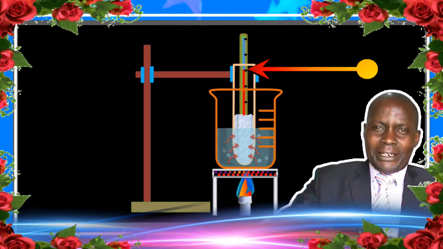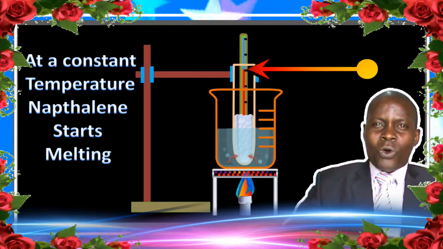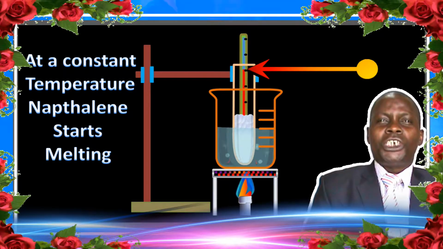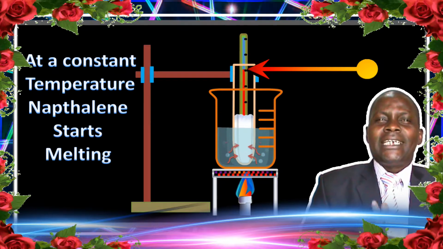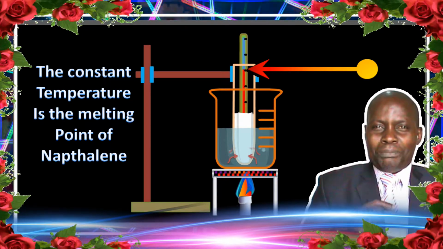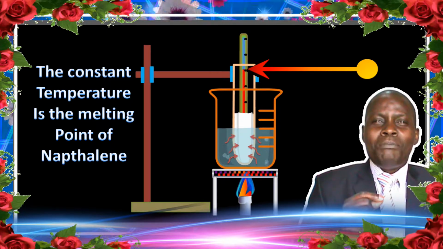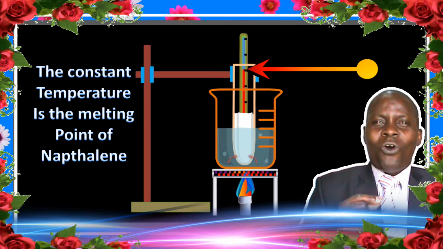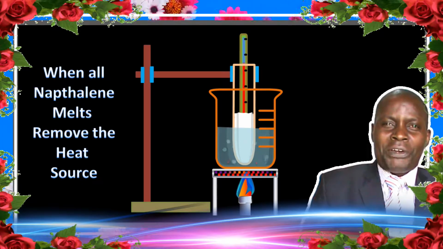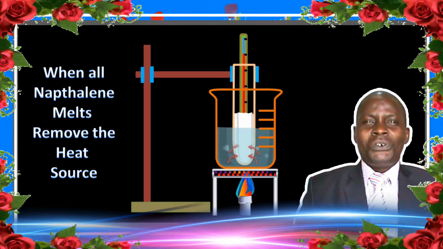We stir the naphthalene to get a constant temperature. We are recording the temperature changes every 30 seconds. And when we get that constant temperature, that is the melting point of naphthalene, until all the naphthalene has changed into the liquid.